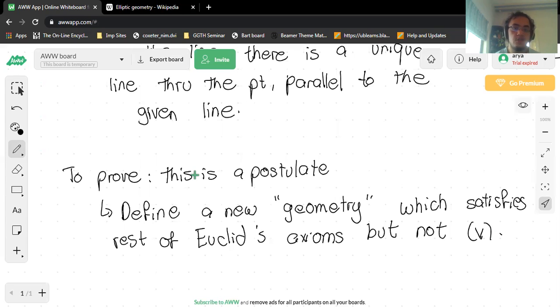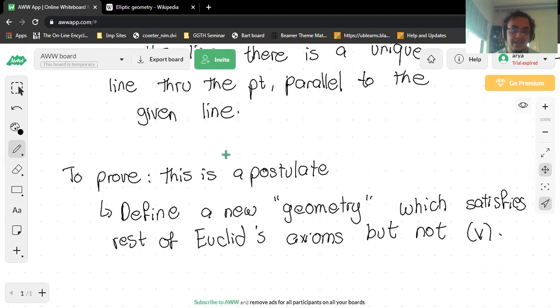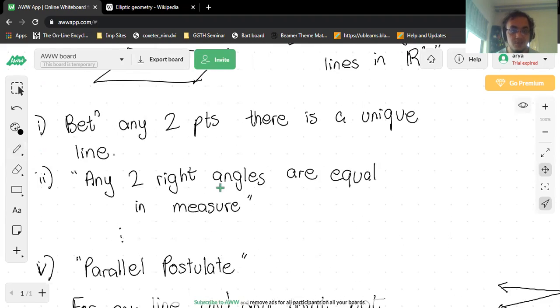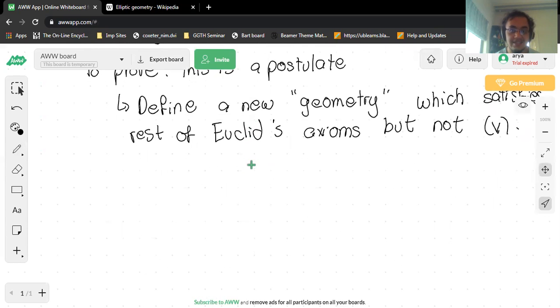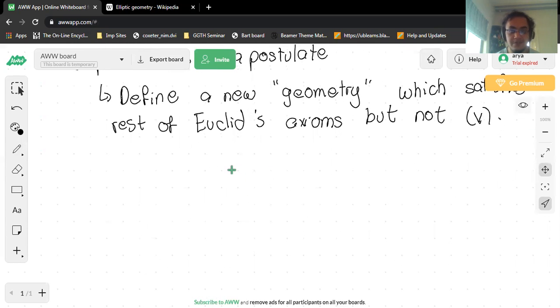There are two ways in which people were able to construct two different geometries for the plane.